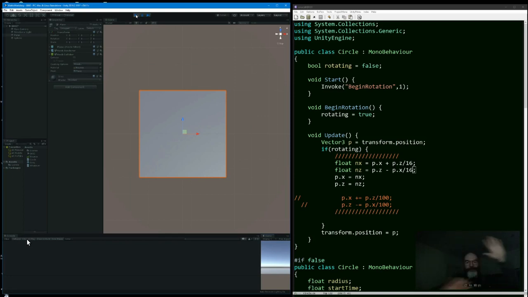This is an 8-bit machine, and everything was rotating, and it's quite clear that the way this was done was by using this kind of approximation.